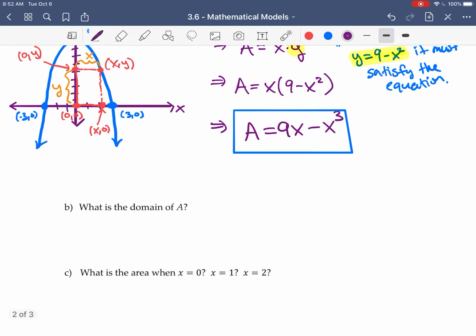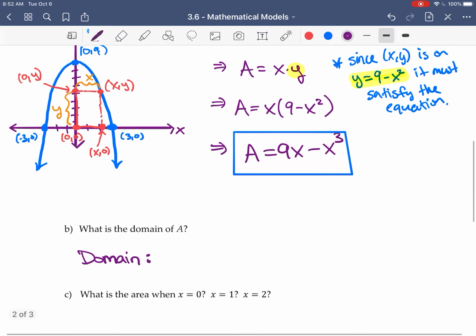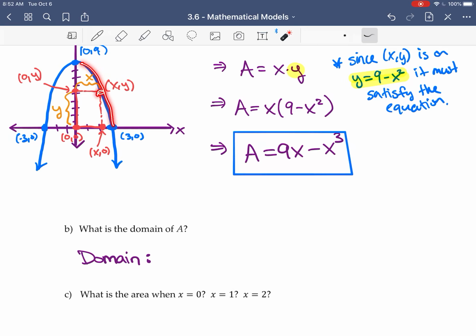Now, what is the domain here that makes sense? We're talking about x values. Look at where our point (x, 0) is. Could it be out here? Could I have x equals 4? Not really, because the corner has to be on the curve, and then I would not have a rectangle, it's a trapezoid.